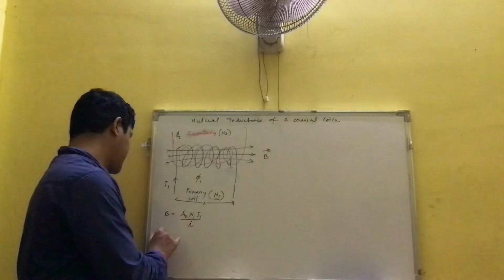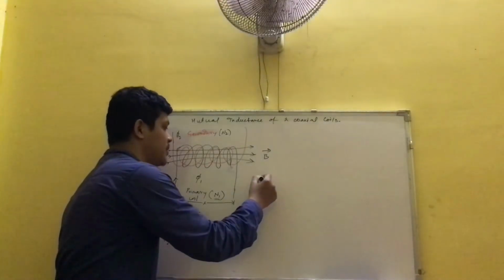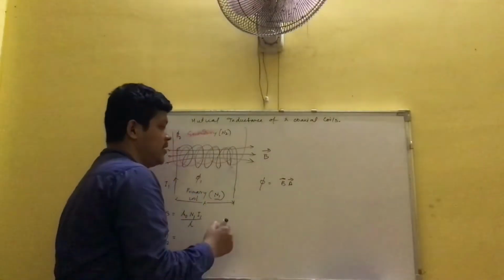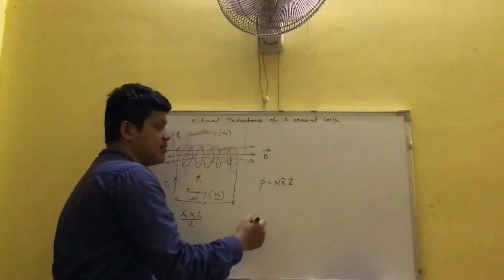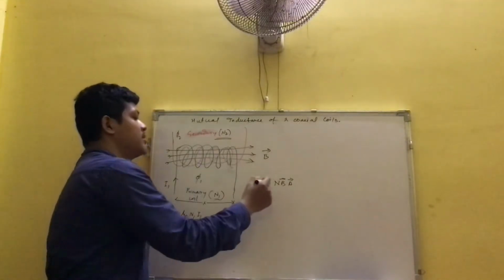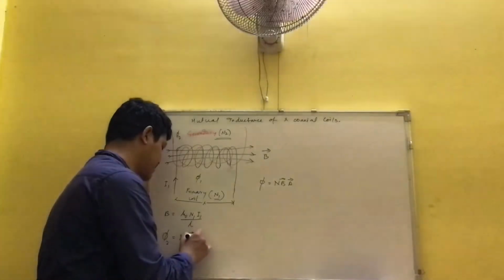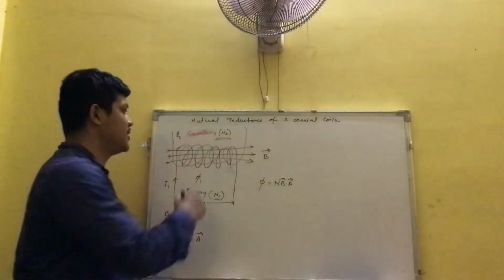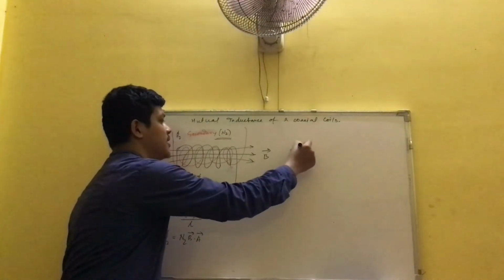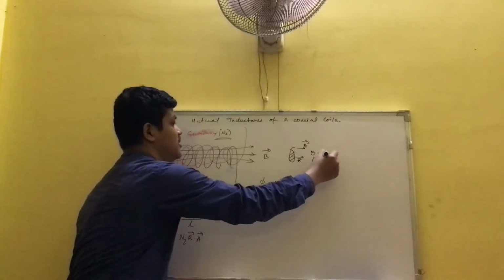Now the magnetic flux phi 2. Magnetic flux phi is B dot A, right? If there are n number of turns, then n B dot A. So here n2 number of turns, so phi 2 will be n2 B dot A. In this case, the area vector and the magnetic field are in the same direction, so theta is equal to 0, therefore cos 0 is 1.